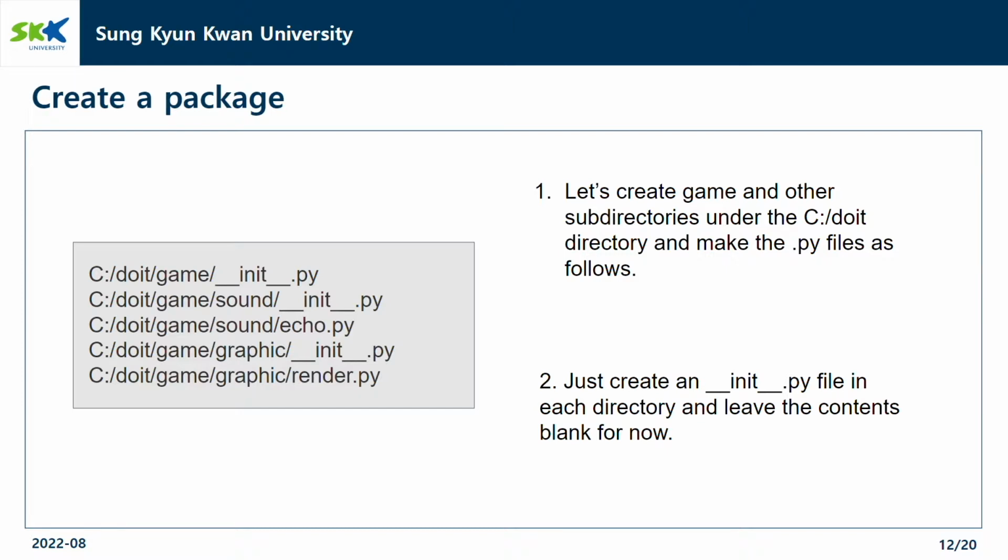Let's create a package. First, create game and other subdirectories under the C:/doit directory and make the Python files as follows. And then create an __init__.py file in each directory and leave the contents blank for now.